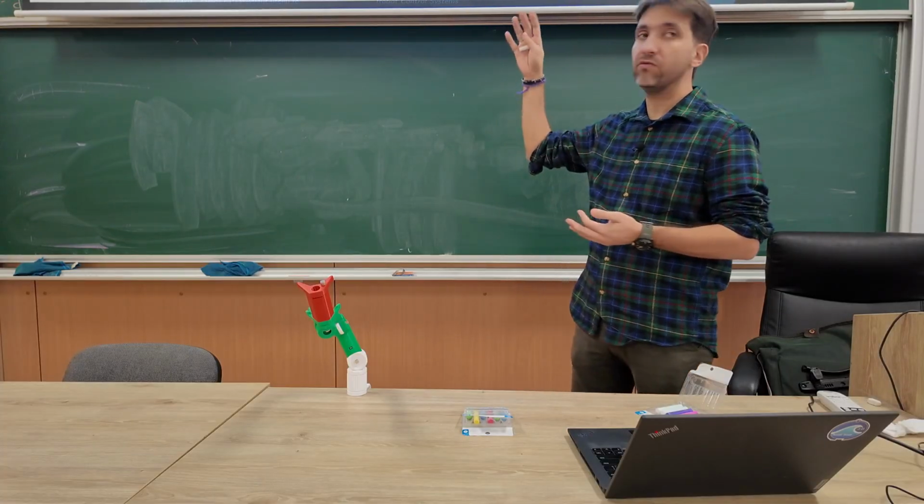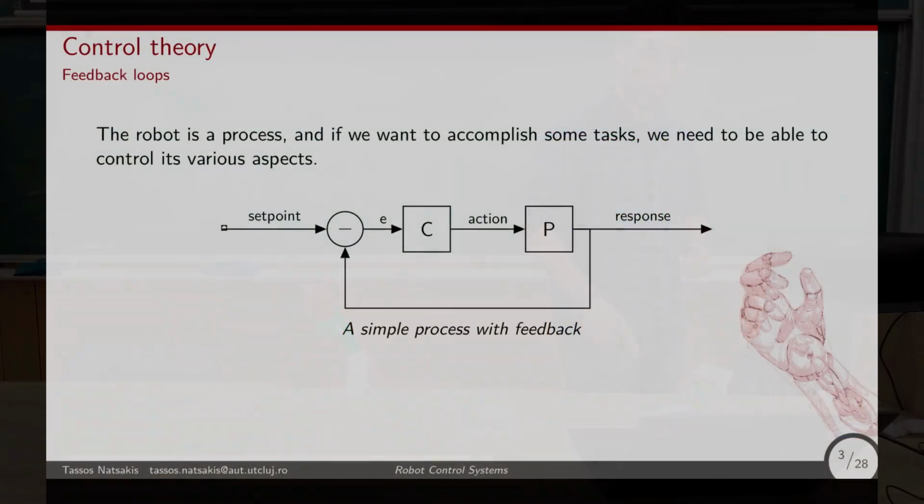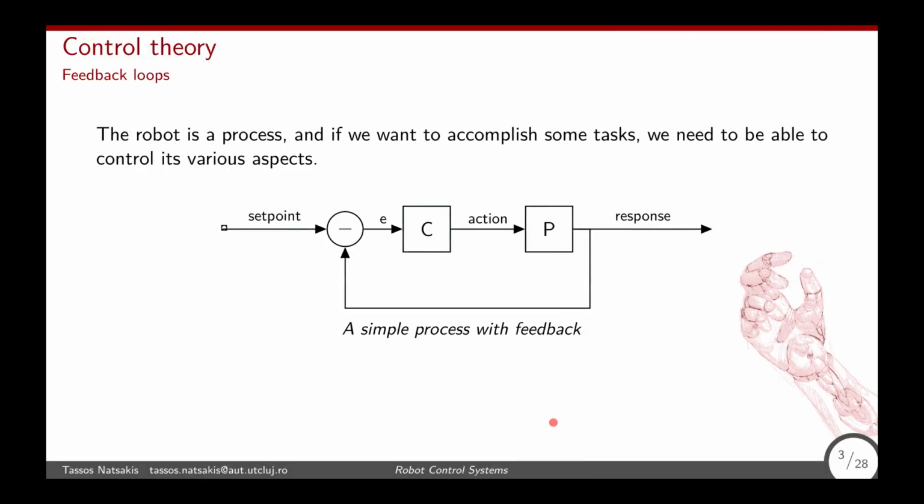So you had these block diagrams, where you have a process, which I put here as P, some kind of response, something you're reading from the process, some reference or set point, what you want the process to do, a controller and an action. So this is a simple closed loop, a process with feedback.